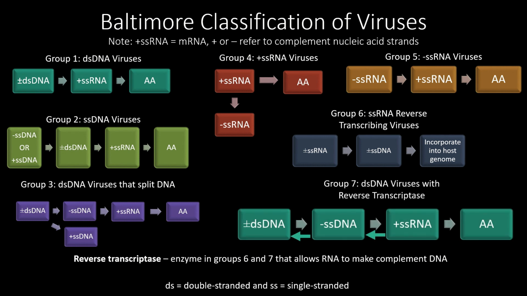And finally, in Group 7, they have partial double-stranded DNA genomes and make single-stranded intermediates that act as messenger RNA. And they can also use the mRNA to undergo reverse transcription, inserting that DNA into the host cell's DNA.